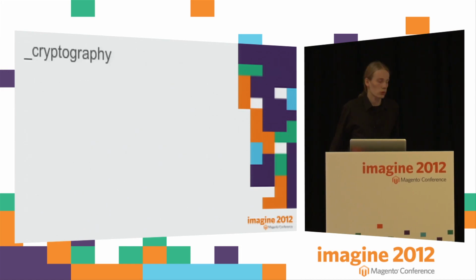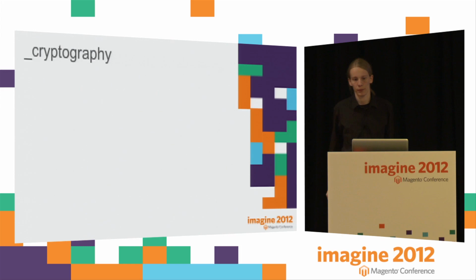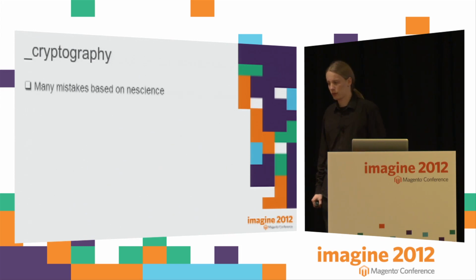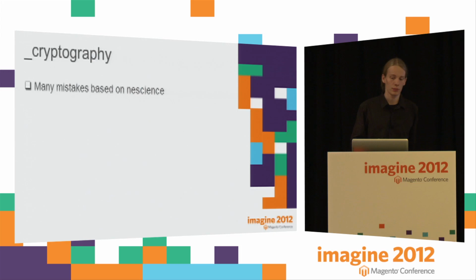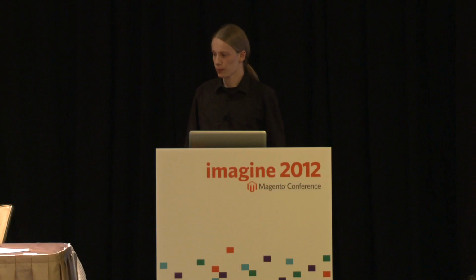Yeah, cryptography, the next big topic. There are a lot of mistakes in cryptography because a lot of people don't know cryptography. I'm also not very good at it myself, but there are a few basics you should know. First, use SHA 256 instead of MD5. MD5 is used everywhere, but there are big tables on the internet that have the plain text and the MD5 hash.